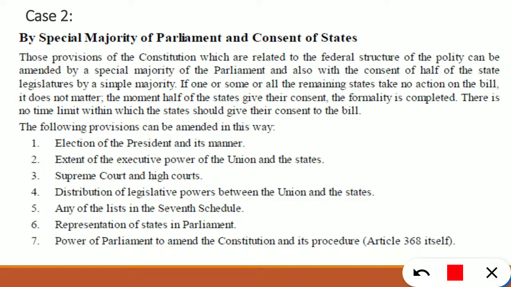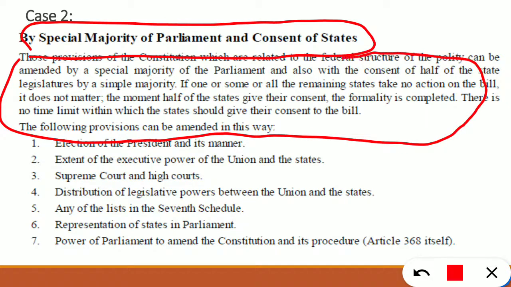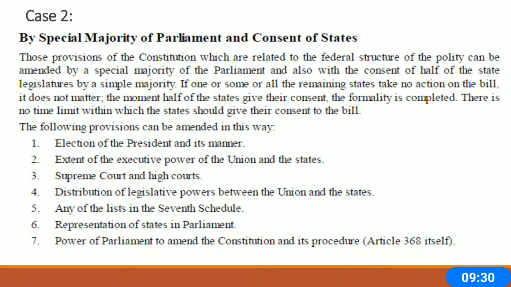Consent of the states in special majority is needed when the bill is to change the federal structure of the Indian Constitution. So what I have told in the previous slide, it is written here, you can easily read from here.